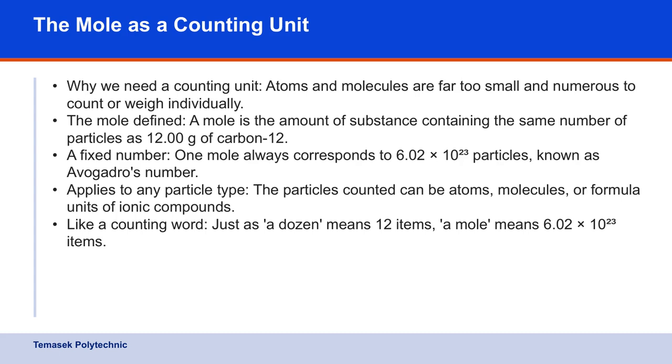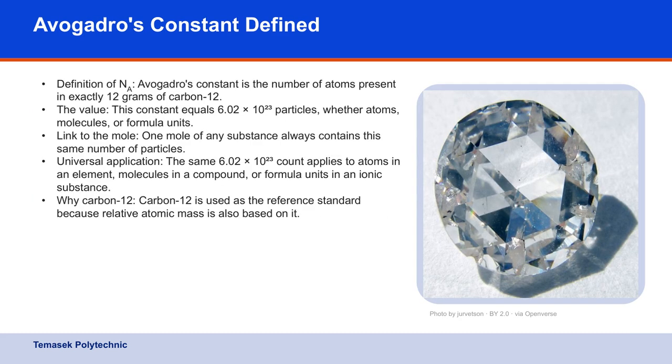Let us talk about Avogadro's constant, which is one of the most fundamental values in all of chemistry and chemical engineering. Avogadro's constant, written as Na, is defined as the number of atoms found in exactly 12 grams of carbon-12. That value is 6.02 times 10 to the power of 23 particles.